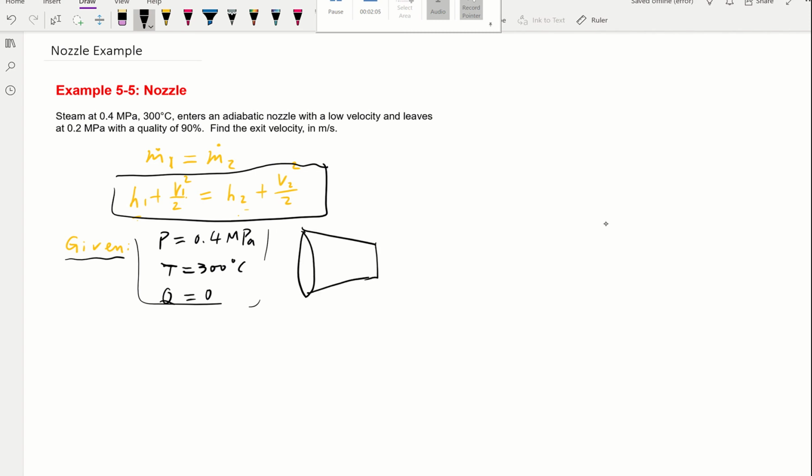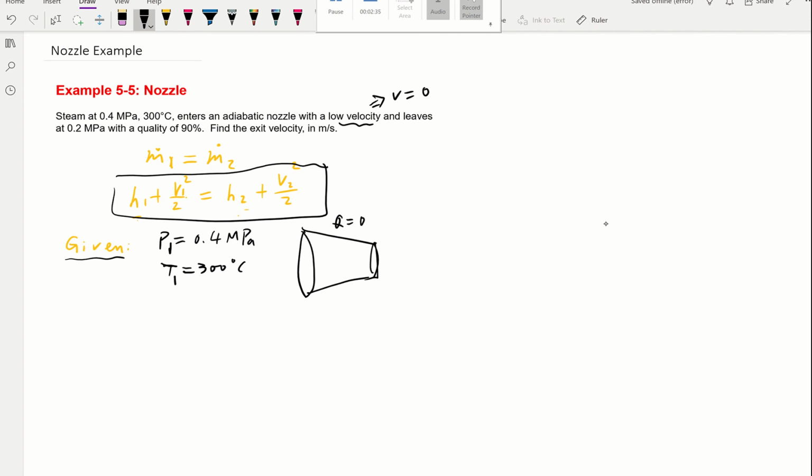Because this is going to be pressure P1 at the inlet, right? And then we'll also have the inlet temperature as 300. So to enter this adiabatic nozzle, Q is equal to 0, at a very low velocity. When they mean very low velocity here, I have to tell you again, they mean velocity is equal to 0.